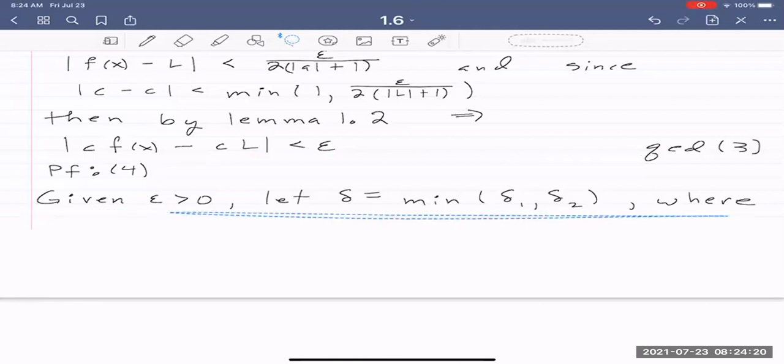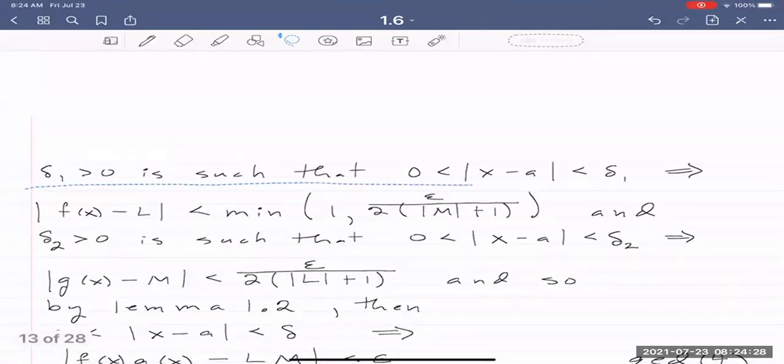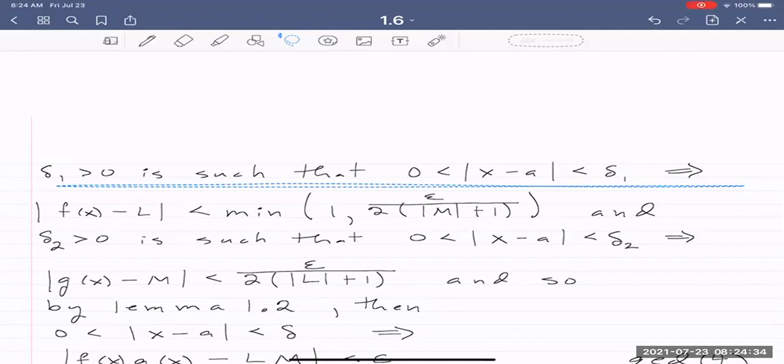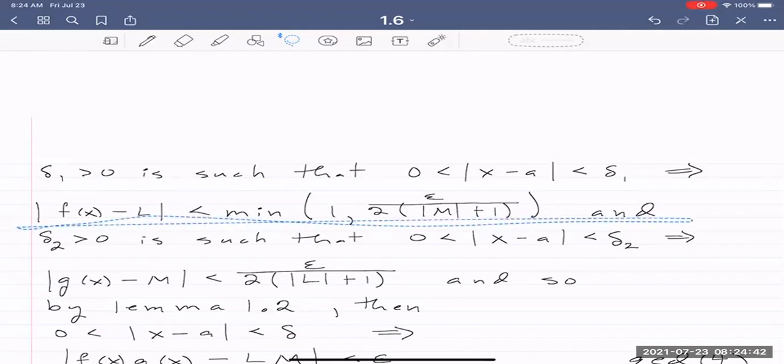Part 4. Given epsilon greater than 0, let delta equal the minimum of delta 1 and delta 2, where delta 1 greater than 0 is such that x minus a in absolute value between 0 and delta 1 implies f of x minus L in absolute value is less than the minimum of 1 and the quantity epsilon over the quantity 2 times the quantity absolute value of m plus 1.